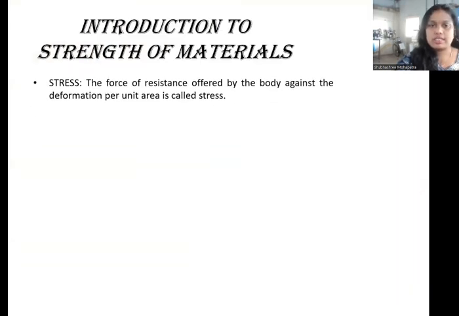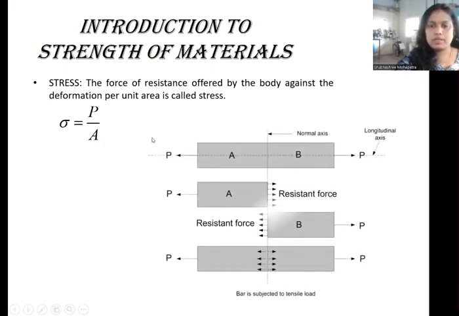So what is stress? As per the definition, it is the force of resistance offered by a body against the deformation per unit area. Mathematically, we can say it is P, that means it is a load per unit area. For example, take a bar where P, that means load, is acting on its cross-sectional area.